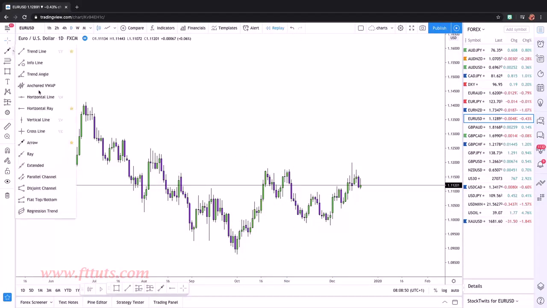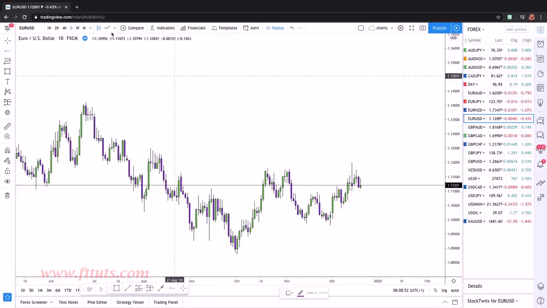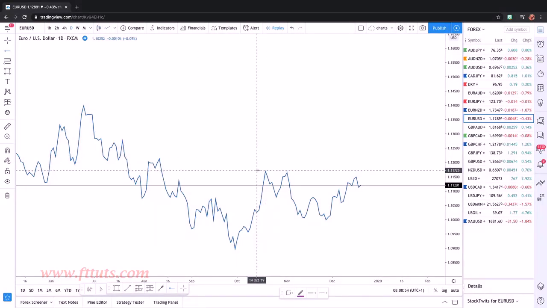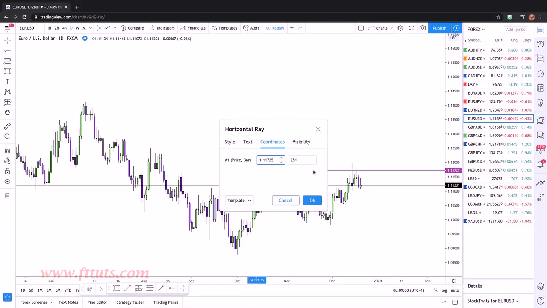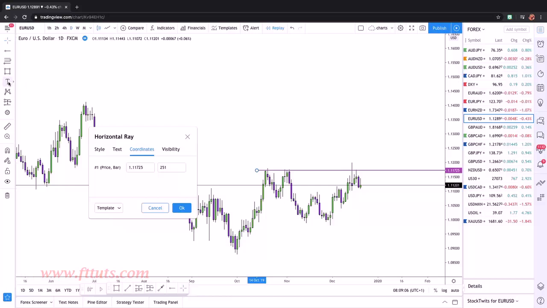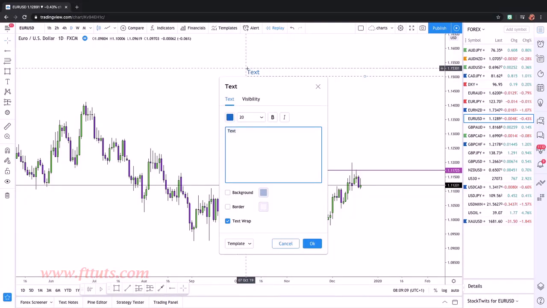What we do is we take our horizontal ray, line chart, points, and we round, okay? So it's at 1.11725. This is what I go by: I go by 00, 200, 500, and 800, okay?